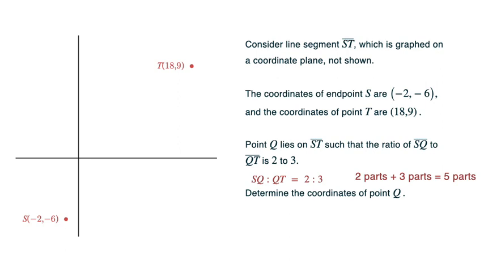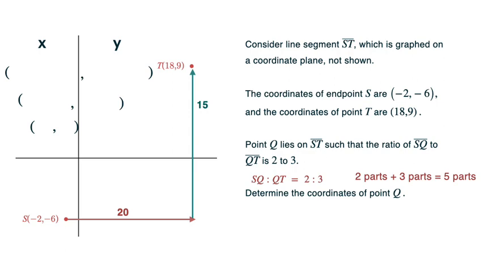Visualizing the horizontal distance between the 2 points, looking at those x coordinates, the horizontal distance between the points would be 20, and the vertical distance between those points, 6 plus 9, would be 15.